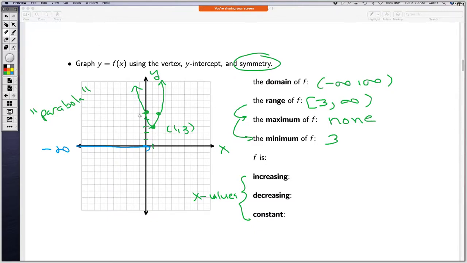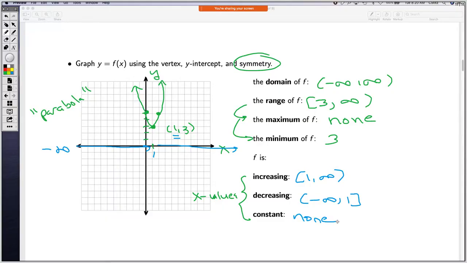It's decreasing up to the x value 1, so minus infinity to 1. Then at x equals 1, it changes, and now I'm starting to increase. There's no place where it's constant, because constant, remember, means it levels off.